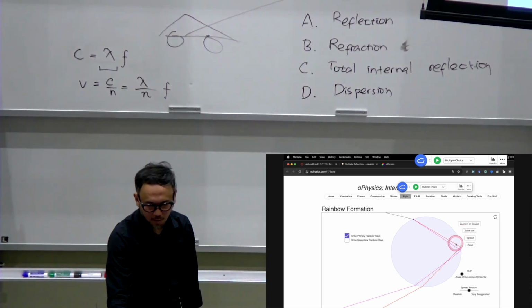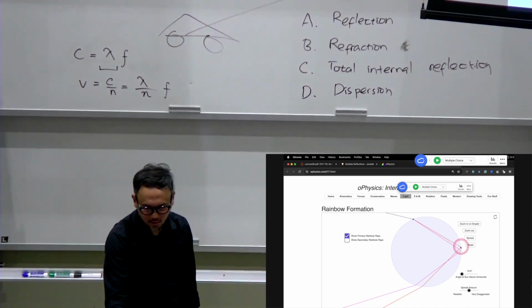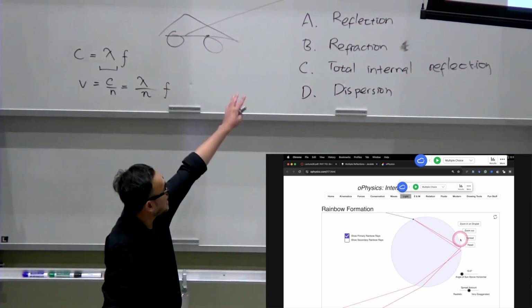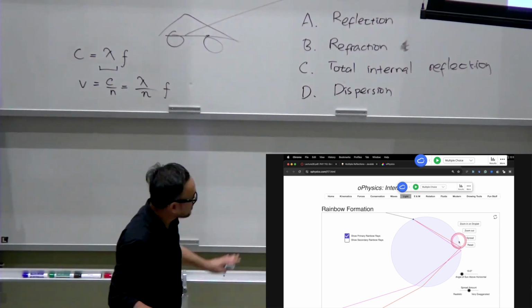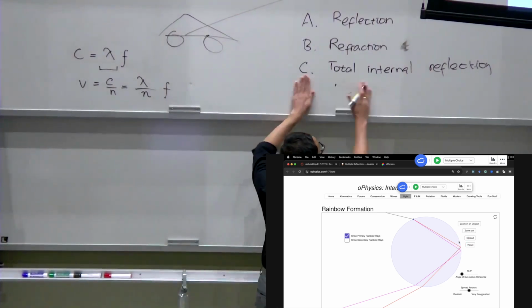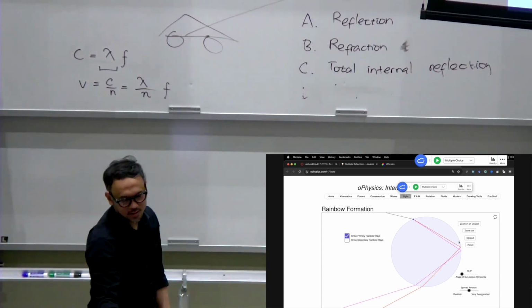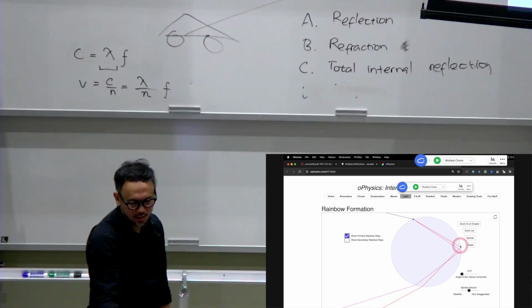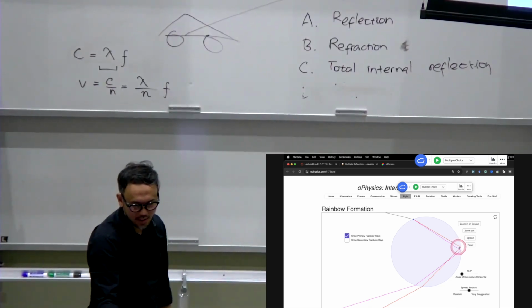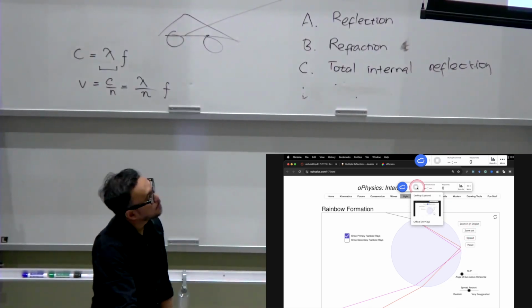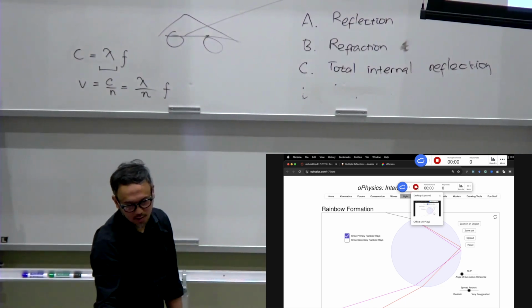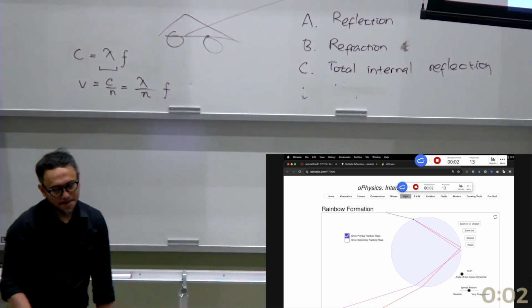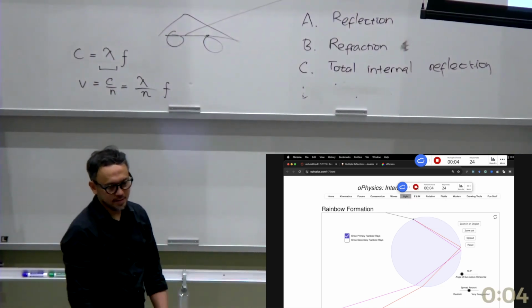And then at this point, the light gets reflected. There is this normal line here, and the light gets reflected. Out of these 3, which geometric optical phenomenon is the one that I'm highlighting right now? Let's spend 30 seconds.